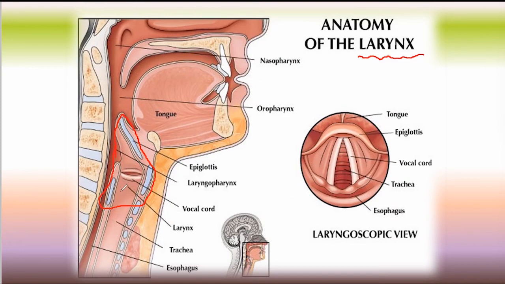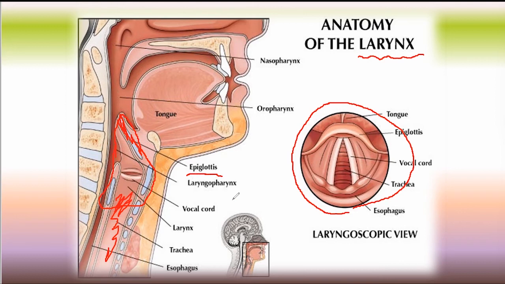Under it is the trachea here. This picture we're looking at from the top. This is the cartilage we said is like a one-way door, the epiglottis. And here is what we call the voice box.